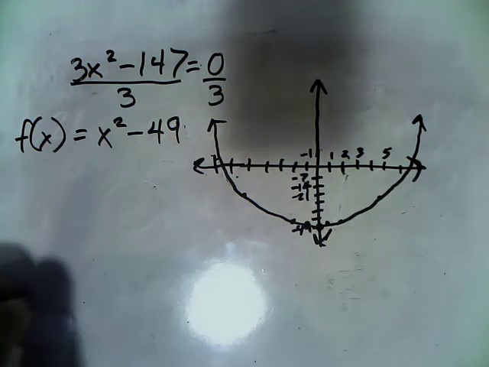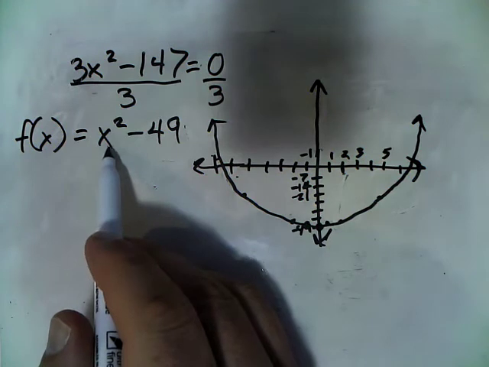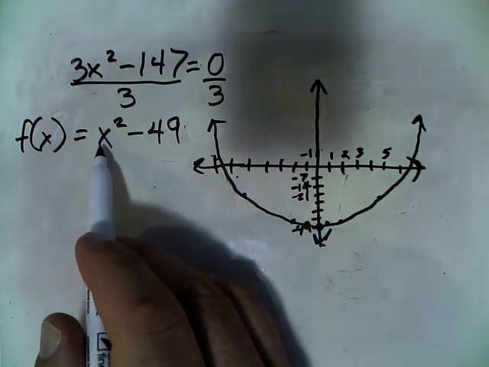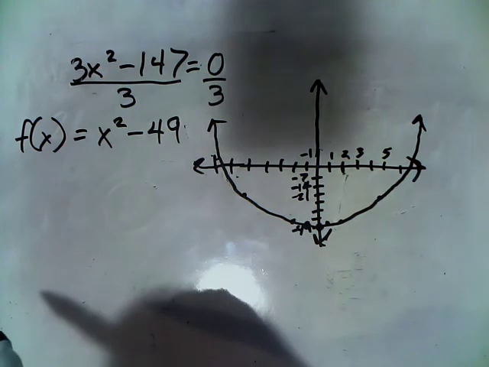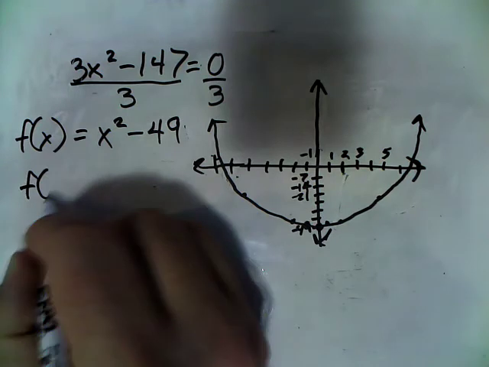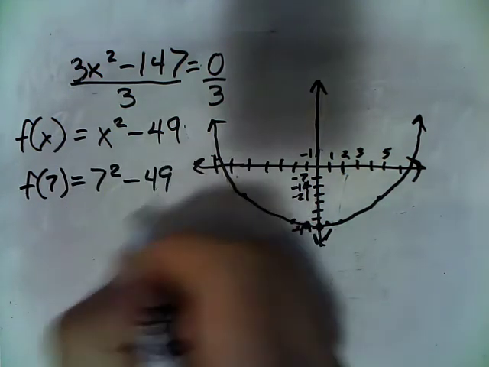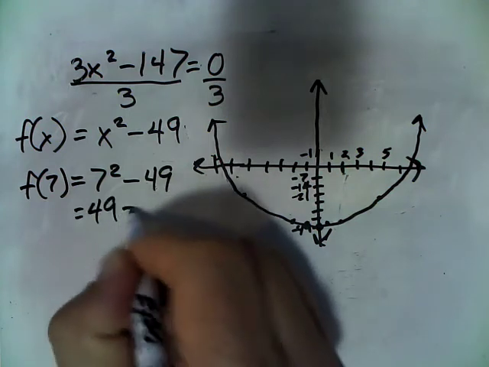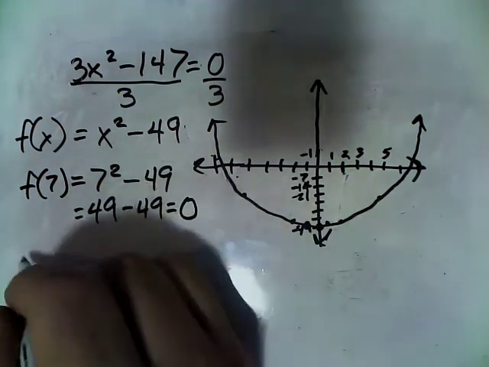So now it should be pretty obvious here. If we plug in 6 or -6, then we subtract 49, we're not going to get the 0 that we're looking for. But if I plug in 7, 7 squared minus 49 would be 49 minus 49, which would be 0. So 7 actually does work.